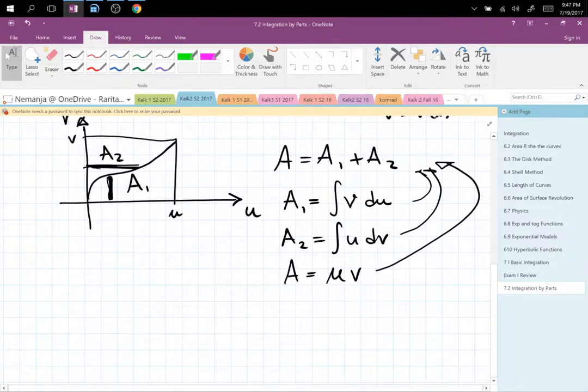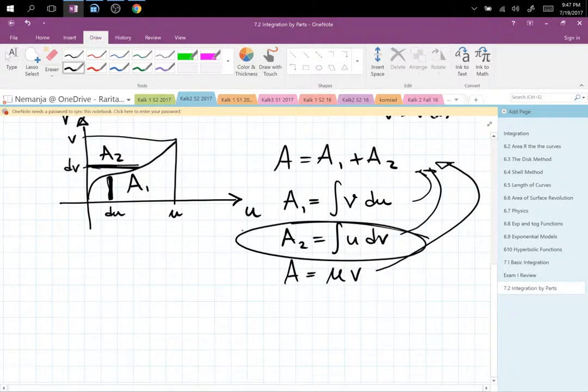Area 2 is the one on top. Area 2 is this area here. That's area 2. So if you look at it, this horizontal representative rectangle is dv, right? So it's u dv. That's a dv, and this is du.